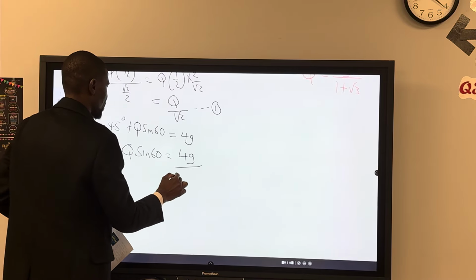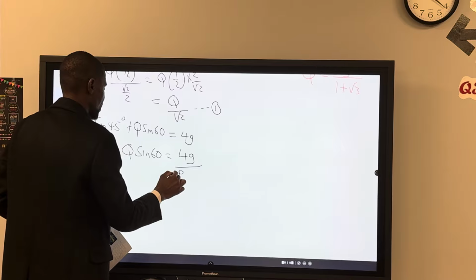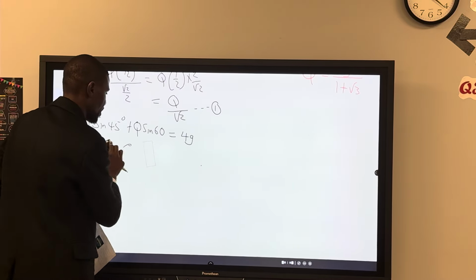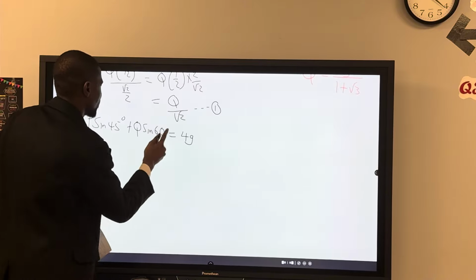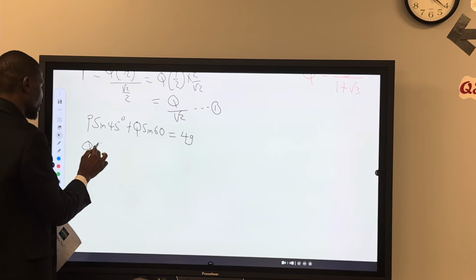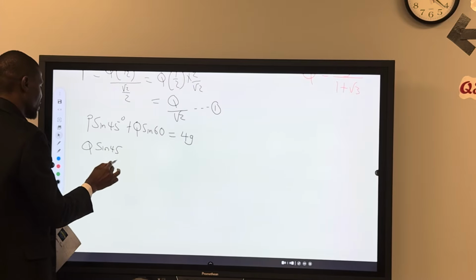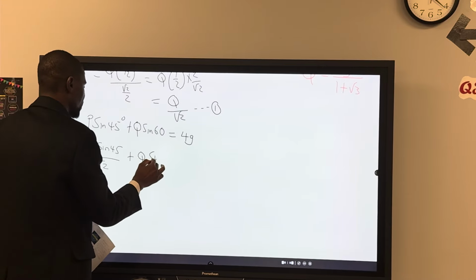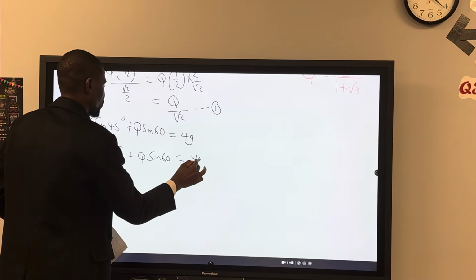Let me replace P with that. So Q sine 45 over root 2 plus Q sine 60 equals 4G.